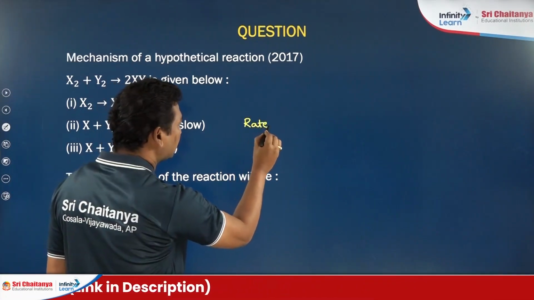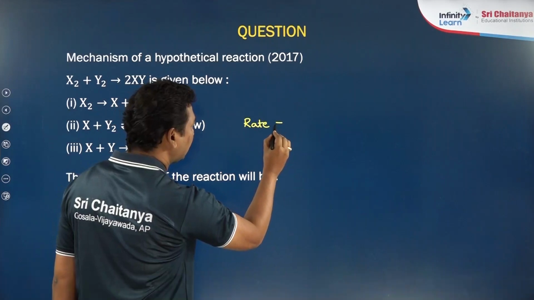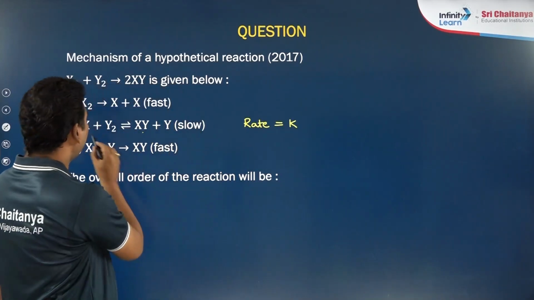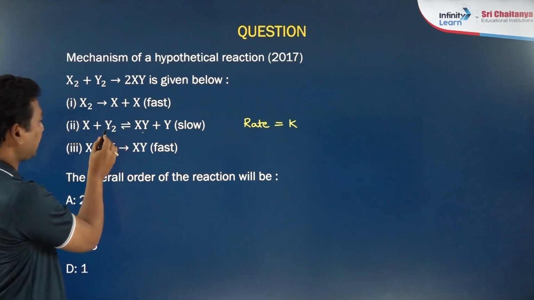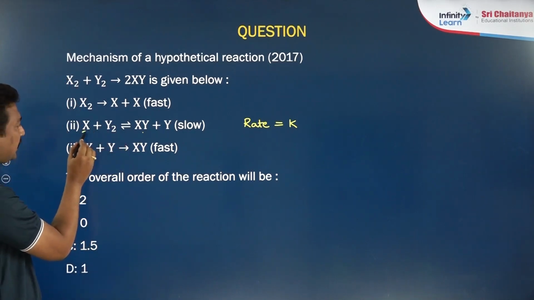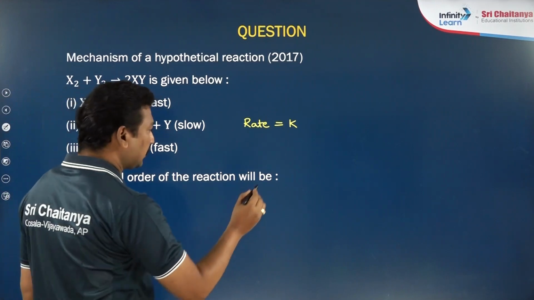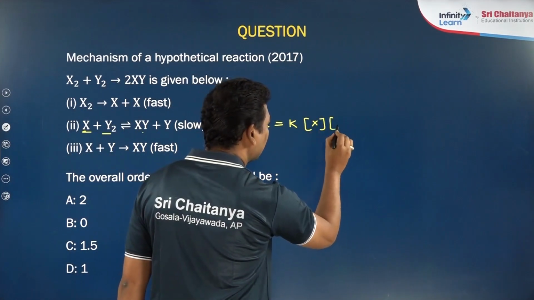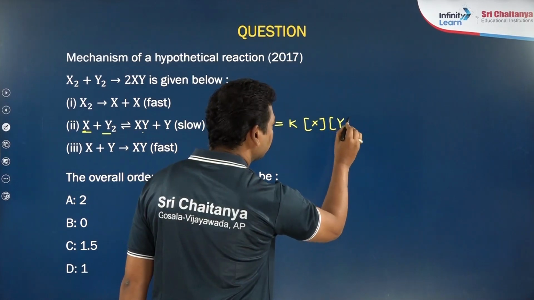So going to give the rate expression. Rate law or rate expression is a mathematical relation. Rate is equal to rate constant K into molar concentration of the reactants, right? What are the reactants? X and Y2. Molar concentration of X into molar concentration of Y2.